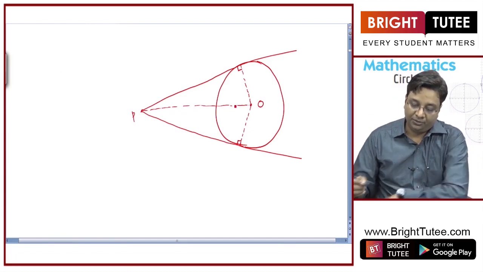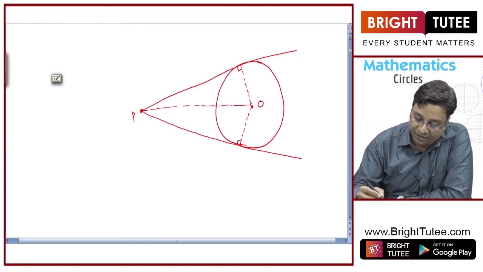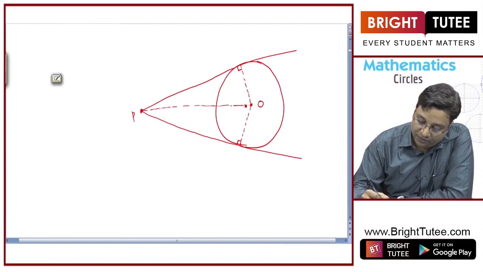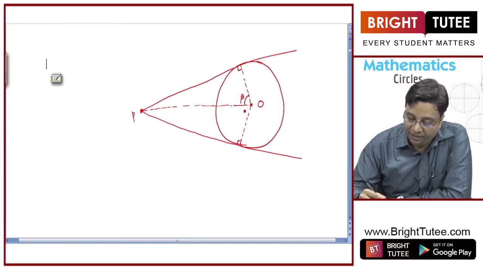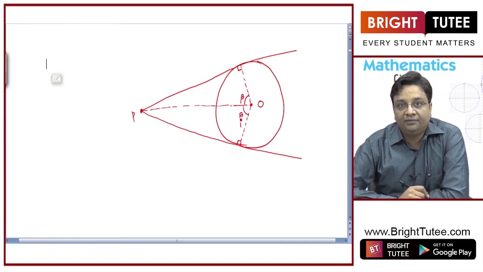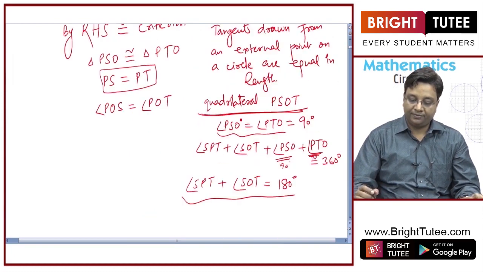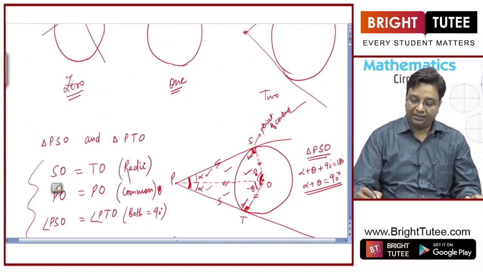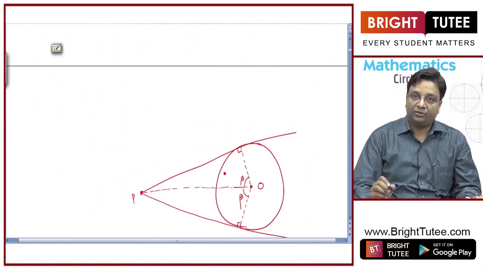If this is an external point and this is the center of the circle, what will this angle be equal to? Let us say this angle is beta. Where do you see another angle which is equal to beta? This angle. We just talked about it here. This angle is equal to this angle. How? We proved that these two triangles are congruent.